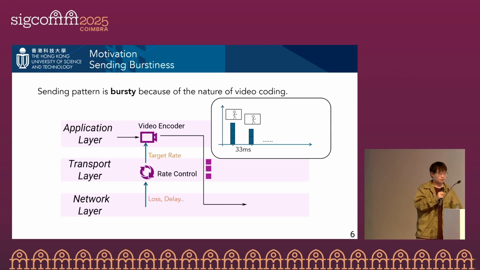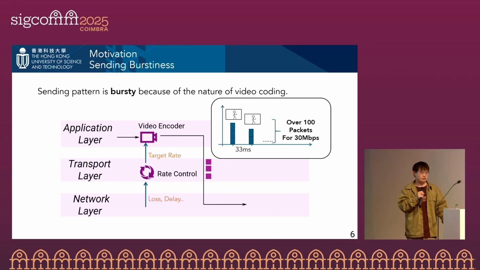The data is produced in bursts. For example, if we're streaming video at 30 FPS, there is a burst every 33 milliseconds, as shown here. This burst can be big. Let's do the math: if we are streaming a 30 FPS video at 30 Mbps, a single frame can be as large as 100 packets. That's a lot.